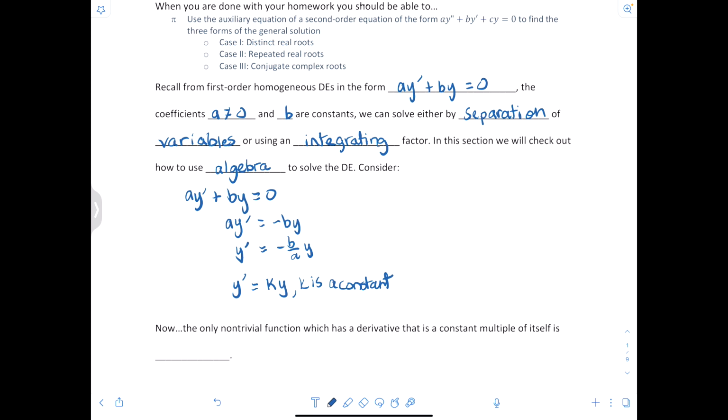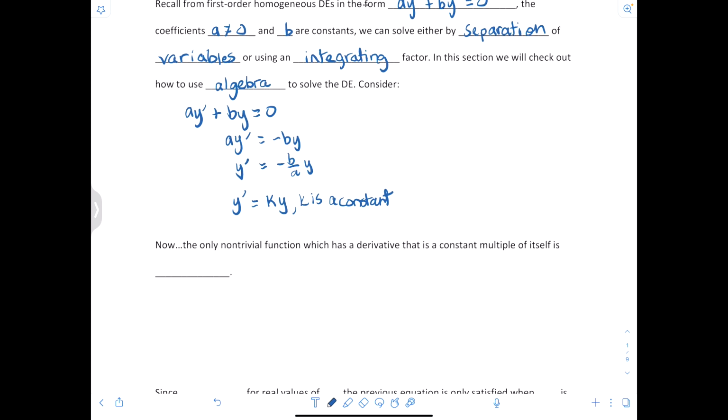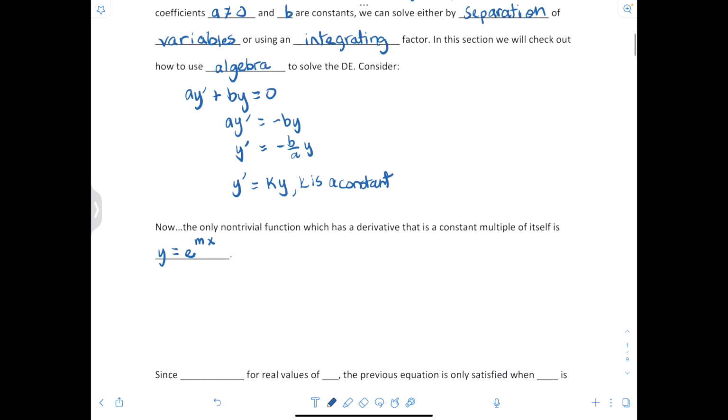Now, think about this. The only non-trivial function which has a derivative that is a constant multiple of itself is what? Beautiful. y equals e to some m times x. For real values of x, this equation is satisfied.